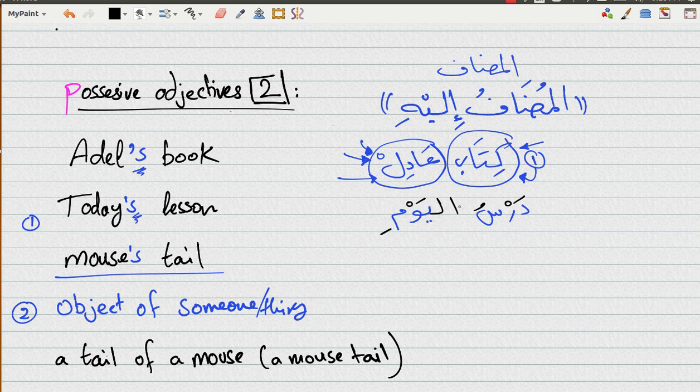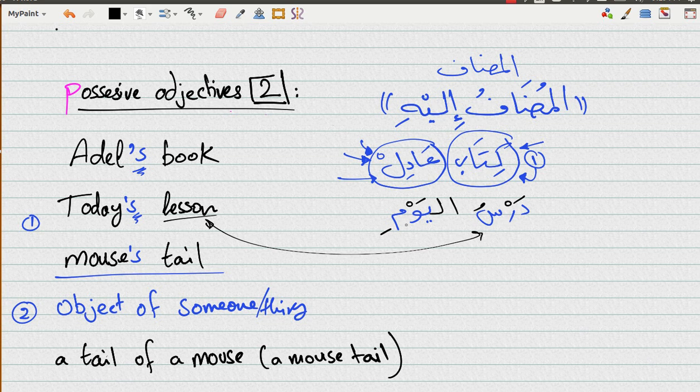Okay, here's what happened. I want to say today's lesson. So I'm adding a lesson to the list of possessions of today. So first I write يوم, which means today. And then in front of it, I would write lesson. So lesson in Arabic is ders.